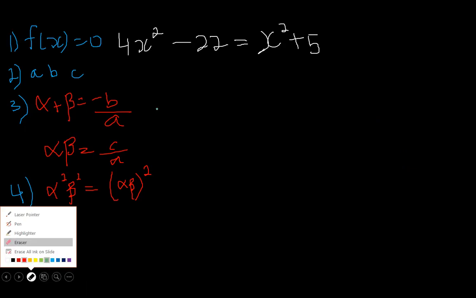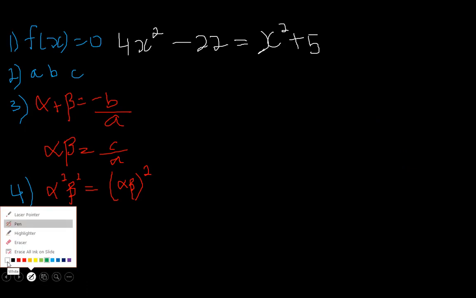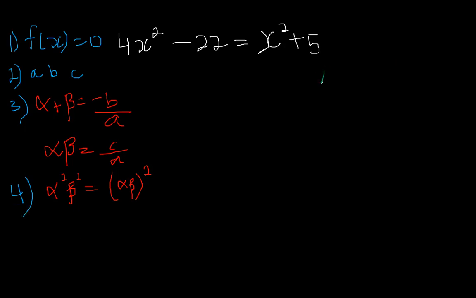For alpha plus beta, I got 0. Alpha plus beta is 0. For alpha beta, I got minus 9. And for alpha squared beta squared, I got 18.